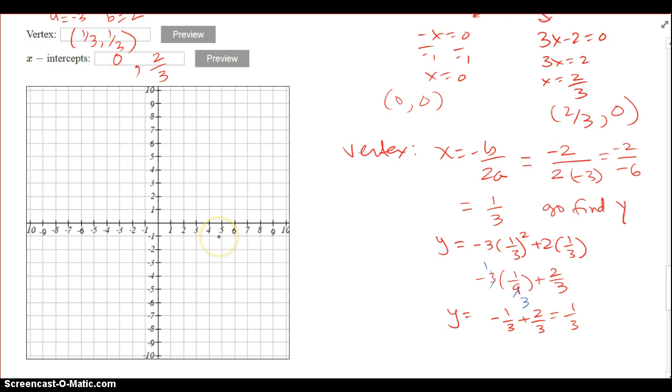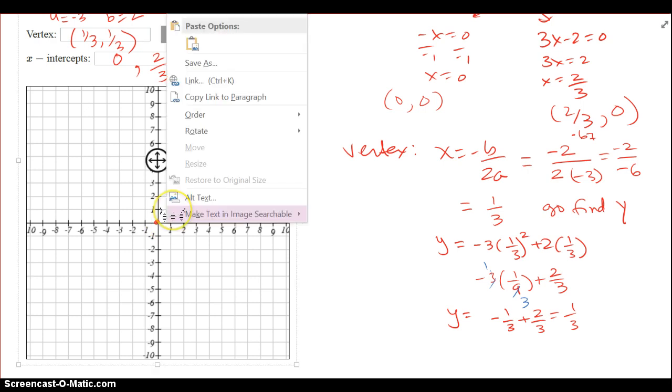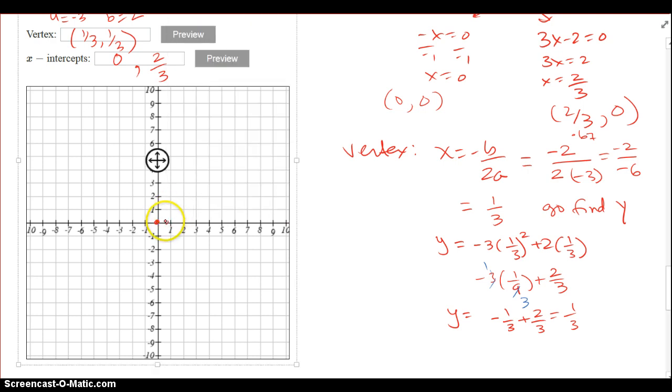This is going to be kind of hard to graph because I have 0, 0, and now I have to go to 2/3, which is like 0.67 approximately, and 0, so like right there maybe. They should have given me a bigger graph.